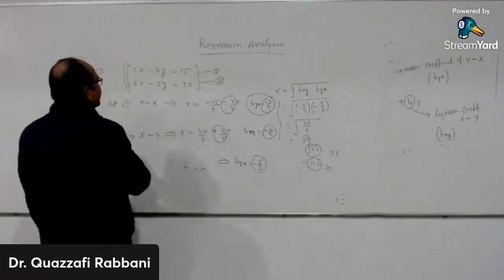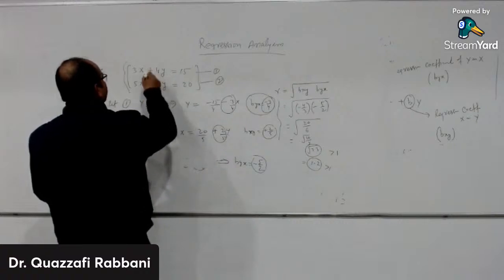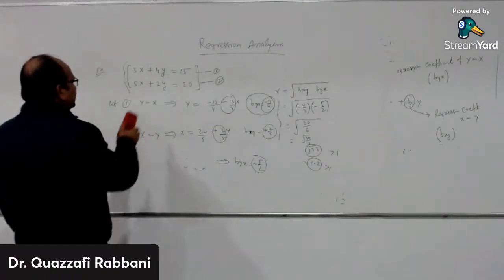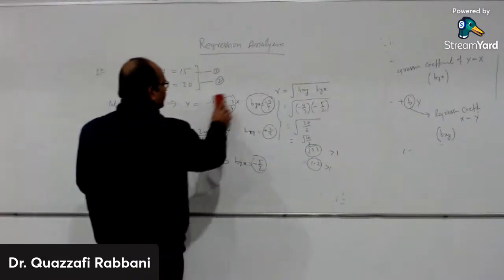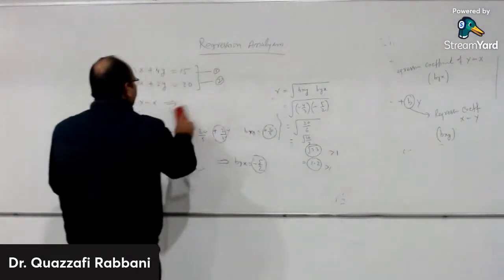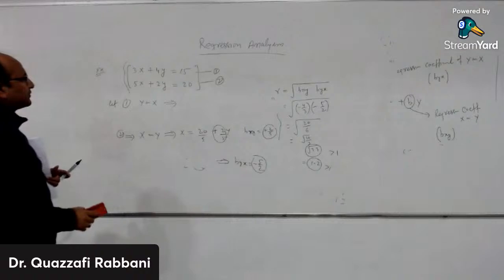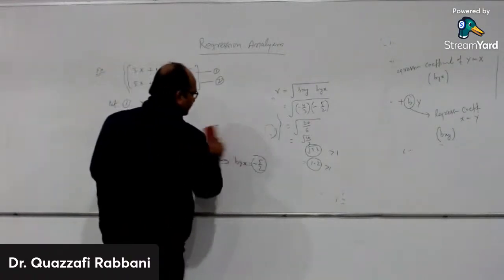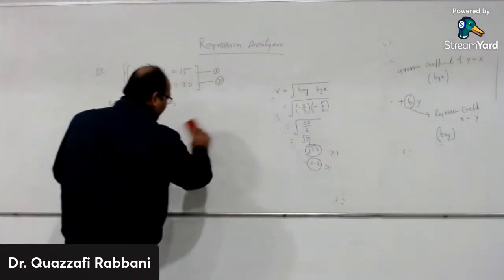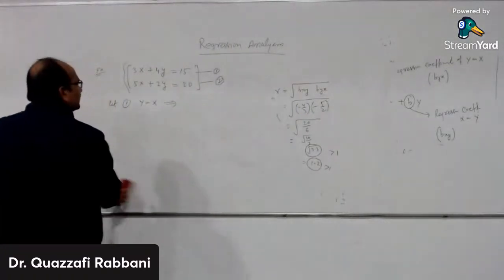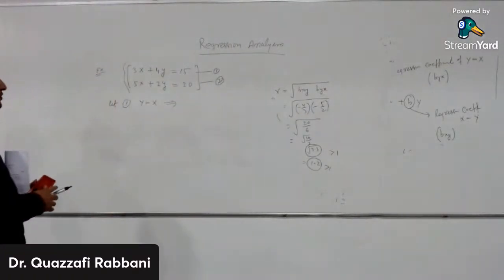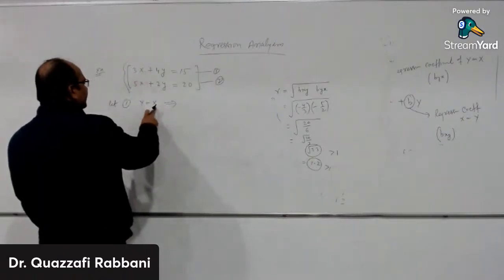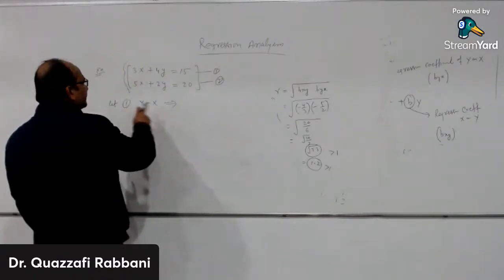Suppose the equations are 3x plus 4y is equal to 15 and 5x plus 2y is equal to 20. Then see how to obtain which one is the regression equation x on y and y on x. Suppose equation 1 is y on x.